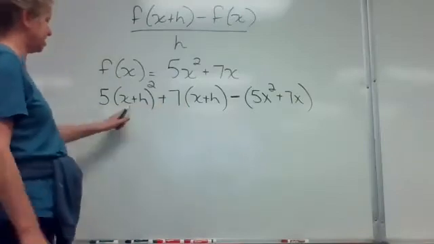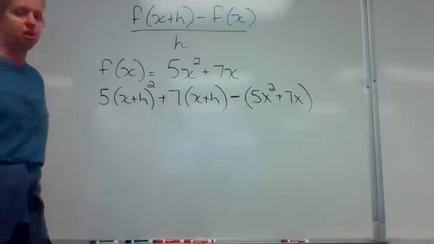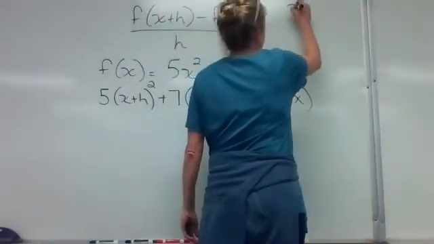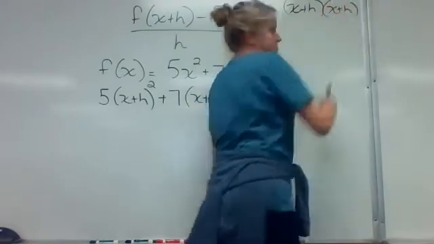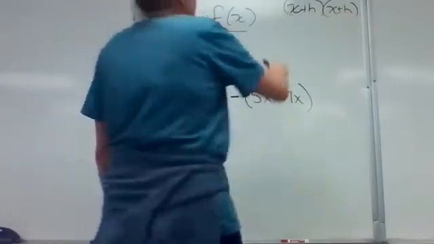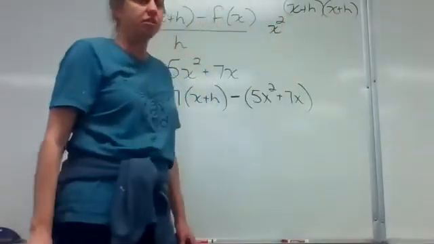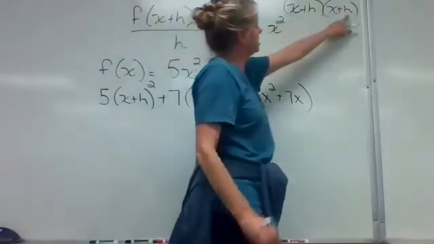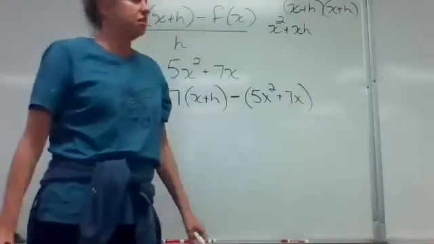Let's simplify this. The first thing I have to figure out is what is x plus h squared, which means I need to FOIL that. So my first x times x gives me x squared. My outer x times h gives me xh.